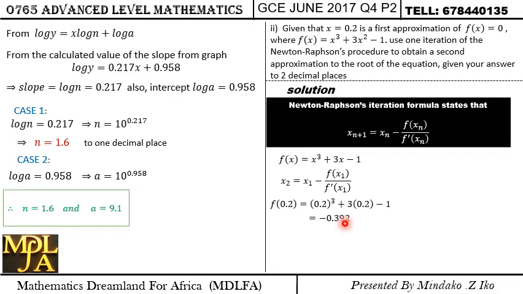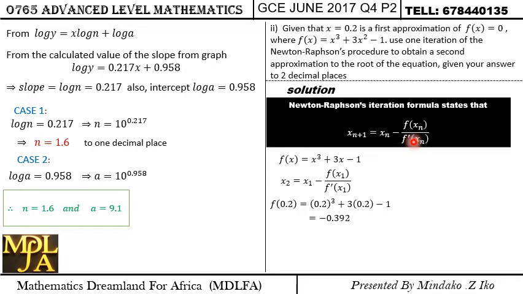Okay, I hope it is clear. Let me explain again. This is my Newton-Raphson iteration formula. In this formula, I need f of x n, where x n is my first value that is given, which is actually 0.2, and then I need the derivative at that first value.